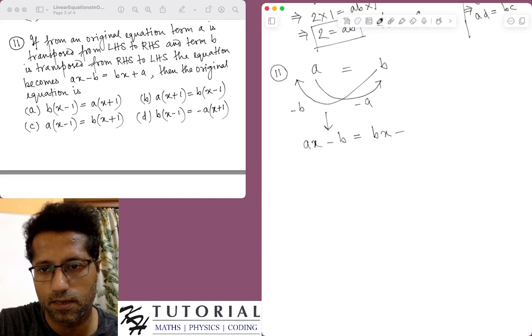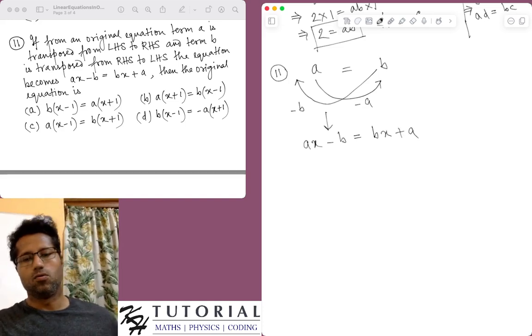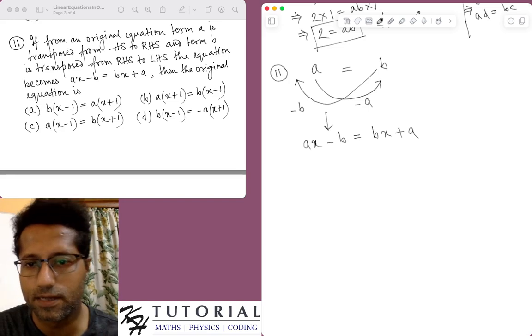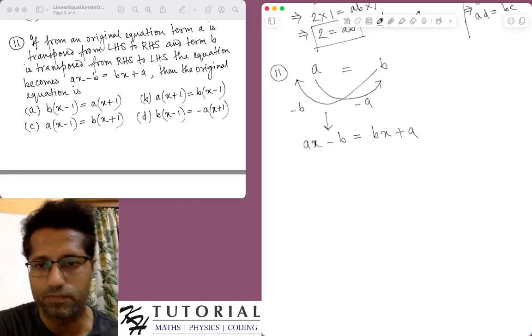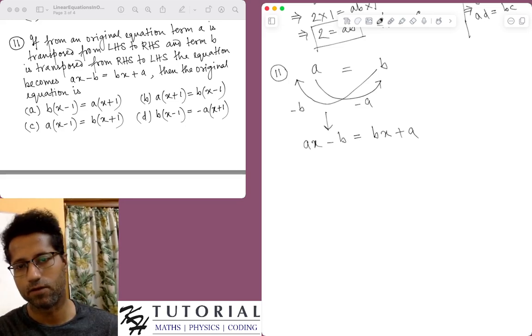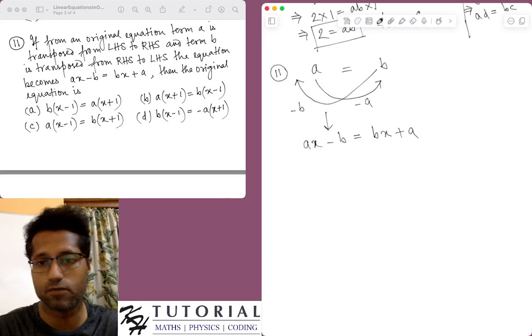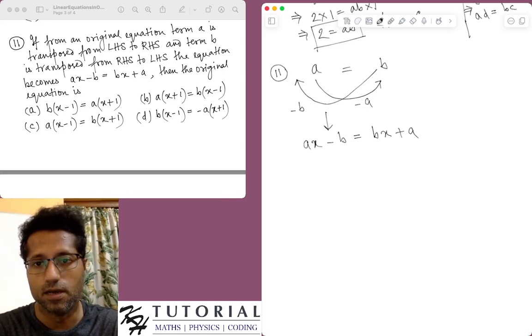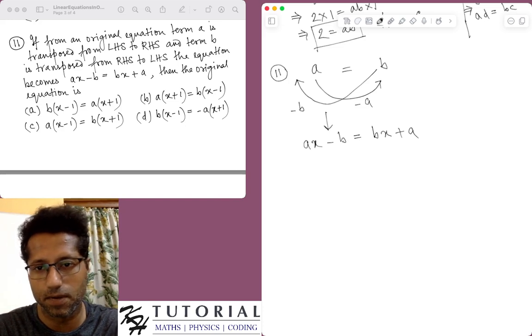bx plus a. Now, after B was transposed from the original equation from RHS to LHS, it becomes minus B, and we can clearly see minus B is here.